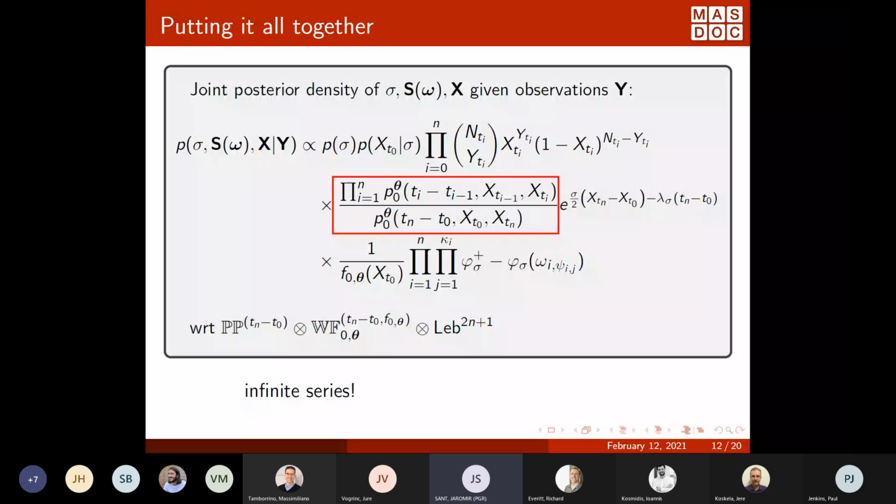And to make matters worse, you could say, well, if you know how to simulate from this, can't you just use it as a proposal? And that would work for the interior points. But as soon as you want to update your xt0 or your xtn, then you're in a bit of a soup, because you have to deal with the fact that they're appearing both in the numerator and denominator. So that's also not quite clear how you'd go about doing that.